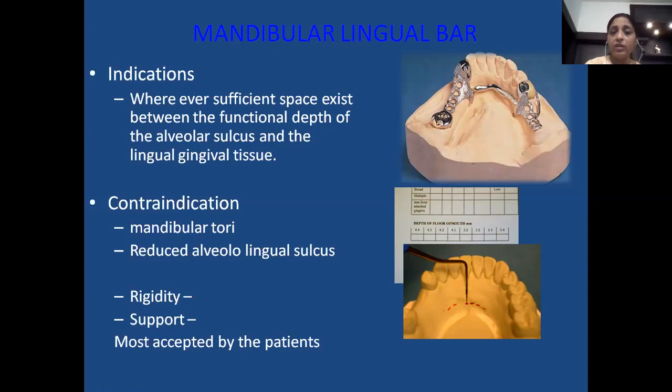The second contraindication is that if 8 millimeter of space is not present between the free gingival margin and the functional depth of the alveolar sulcus, then we cannot give this type of major connector. It provides adequate rigidity and adequate support, and it is mostly accepted by the patient.